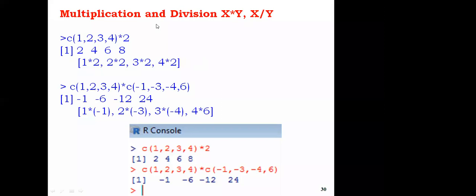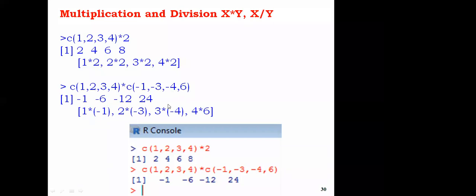Then multiplication, here you see multiplication and division, x star y, then x divided by y. So what is this? c combines the values 1, 2, 3, 4, then star 2. So 1 star 2, 2 star 2, 3 star 2, 4 star 2. So these are the results, 2, 4, 6, 8. And then again for the second one, c within the bracket 1, 2 up to 4. Then here c, that means this is the product, c minus 1, minus 3, minus 4, 6.